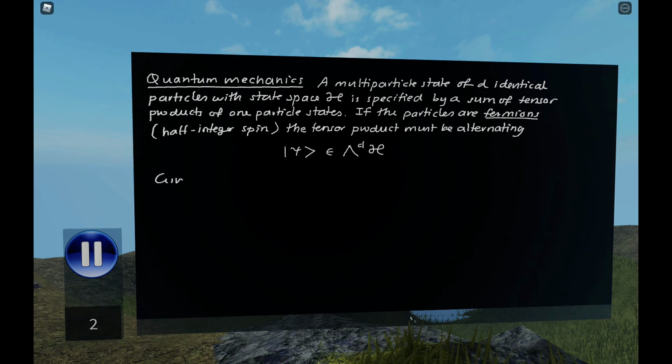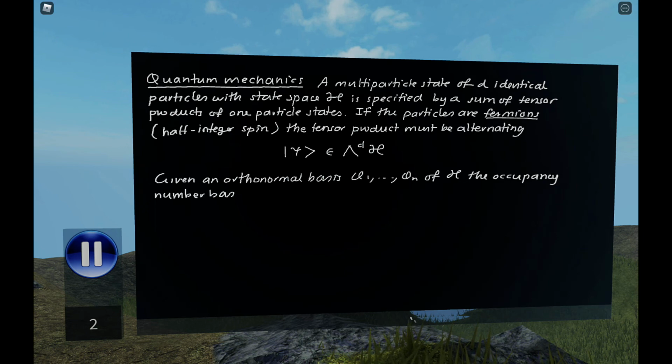And if we choose an orthonormal basis, theta 1 through theta n of H, what's called the occupancy number basis of the exterior power, which is a Hilbert space, consists of what are called Fock states.